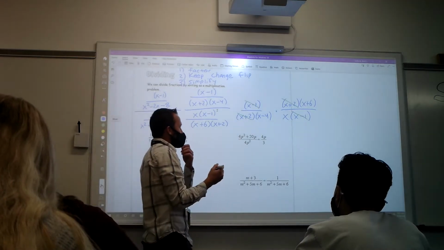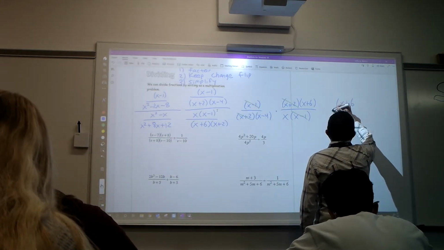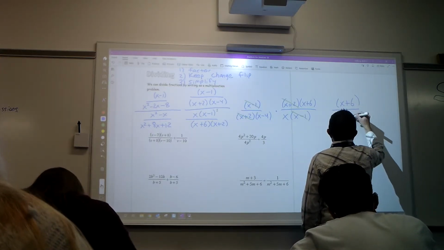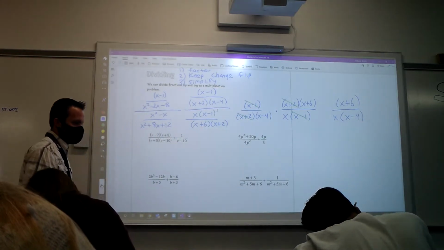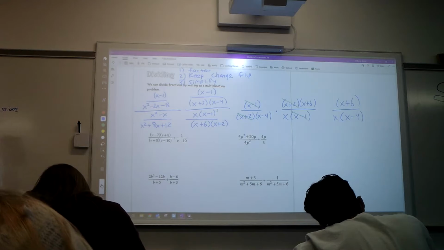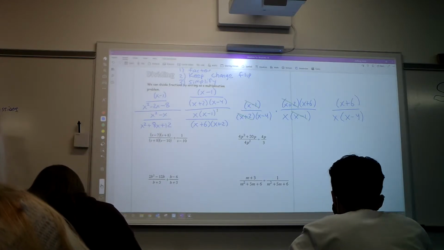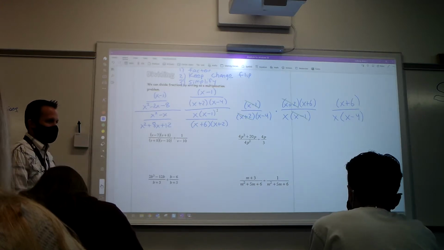So then what's left over? Well, we have this x plus 6. And then in the bottom, what do we have? x and x minus 4, and then that's it. Now that's kind of a crazy problem, but didn't that work out kind of nice there? We were able to cross out some things. Started out looking super ugly and scary, but it ended not too bad.